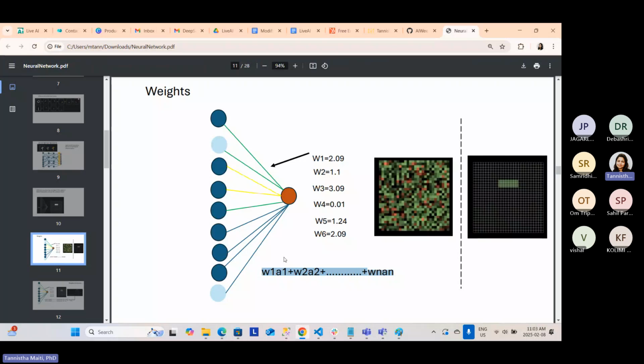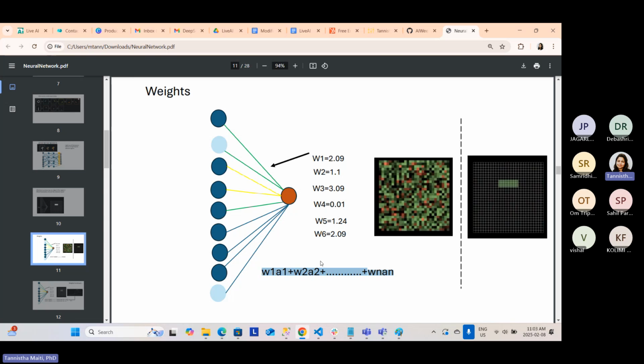For each and every neuron, I will have a weight. So input layer A1 with W1, A2 with W2, and it will go until N. So N for this situation will be 784, and Wn is also 784.